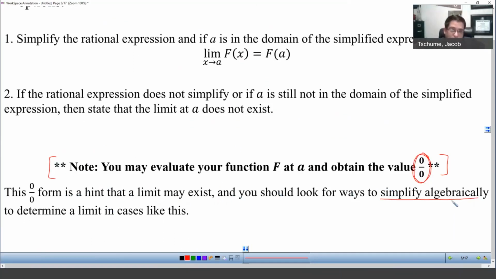So in layman's terms, 0 over 0 is not an answer. You have to keep simplifying until you get something other than 0 over 0, because we don't know what that represents.